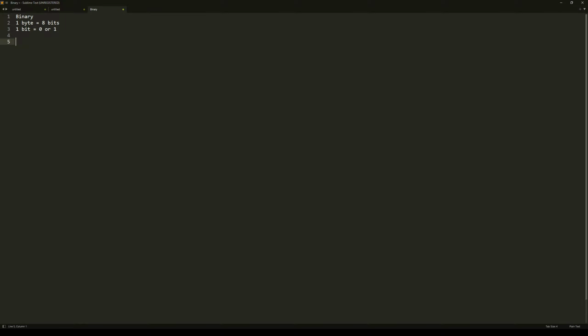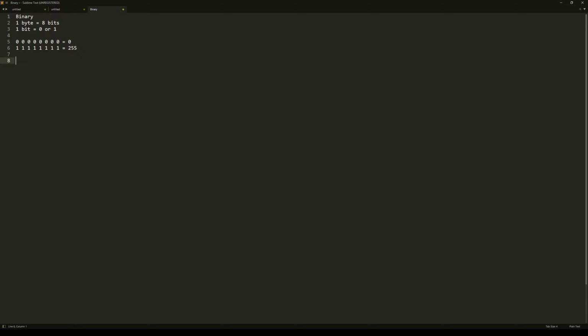And there are, as I said earlier, 8 bits in a byte, so that means that you can have something like 1, 2, 3, 4, 5, 6, 7, 8, all the way up to 1, 2, 3, 4, 5, 6, 7, 8. This will equal 0 when converting to decimal from binary, and this will equal 255. And I'll go over how to get these values in just a minute.